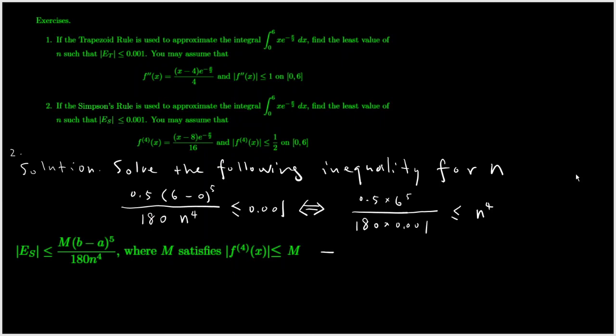This means the value of n is greater than or equal to the fourth root of this number, 0.5 times 6 to the power of 5 over 180 times 0.001.